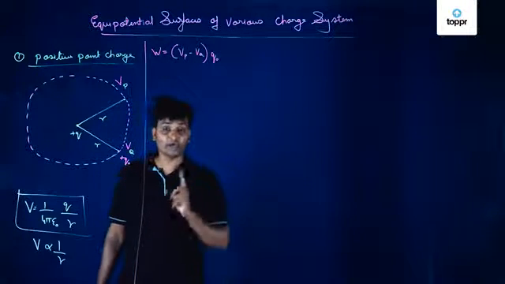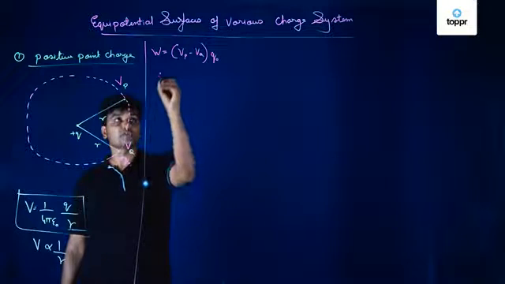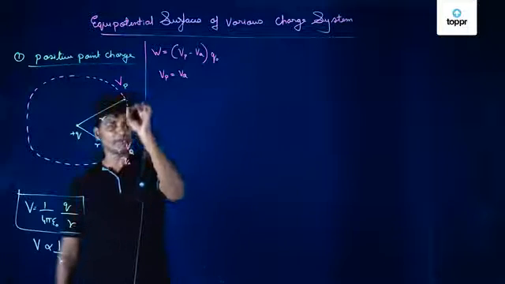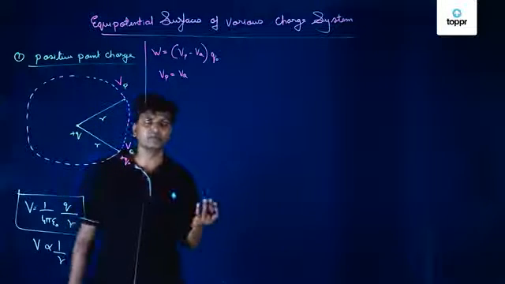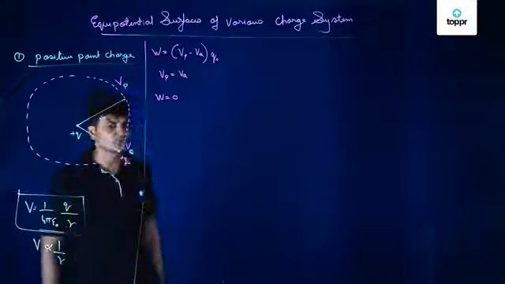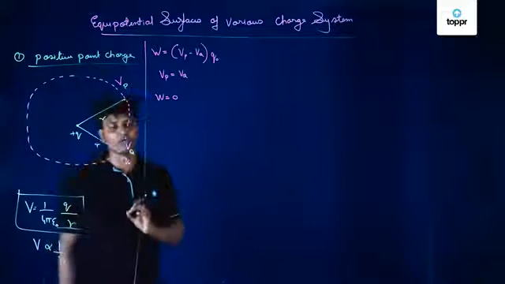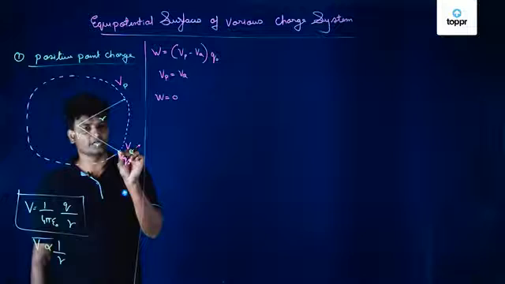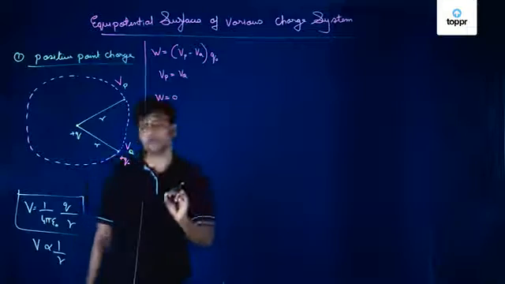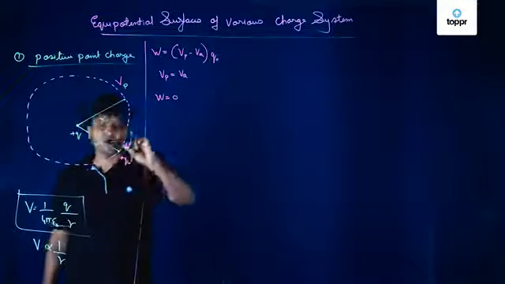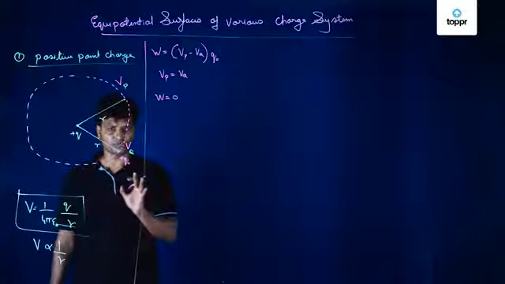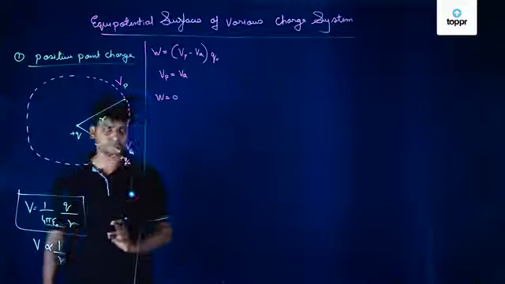But on an equipotential surface, Vp is equal to Vq. Potential at every point on the surface is the same. So if Vp is equal to Vq, then W is equal to 0. So no work is done while I am moving this test charge from Q to P or P to Q, or from any point to any other point along this equipotential surface. Work done is 0.